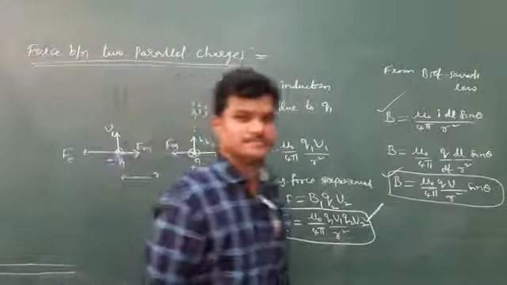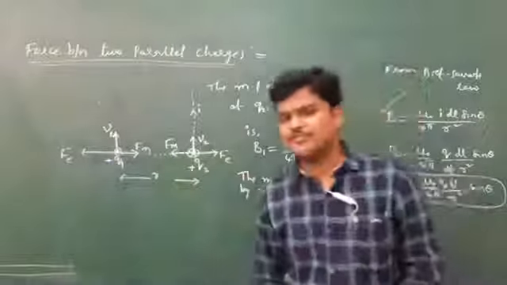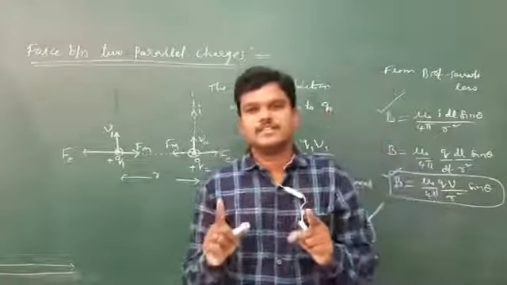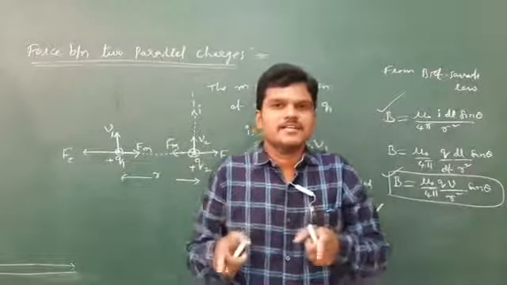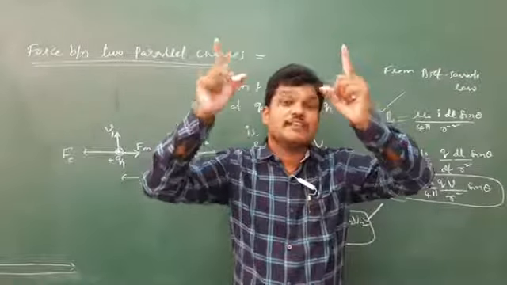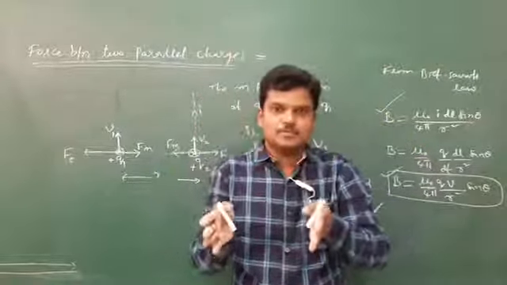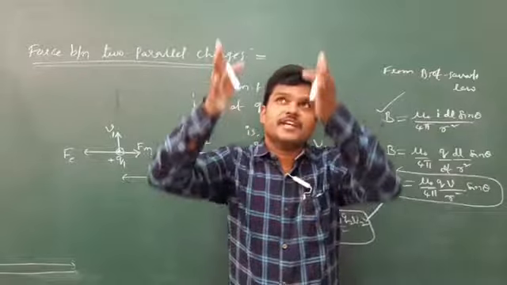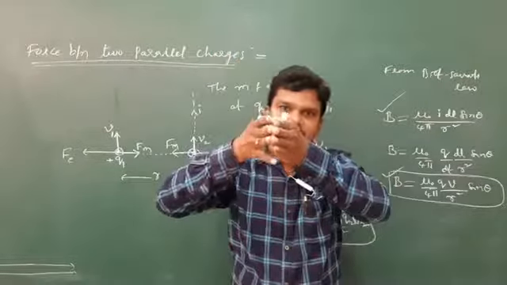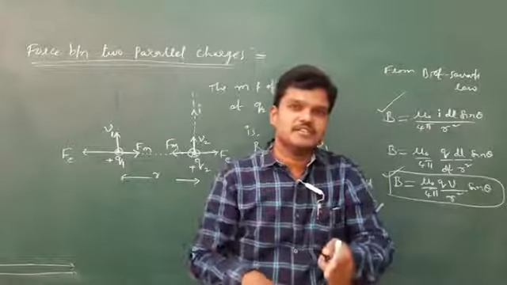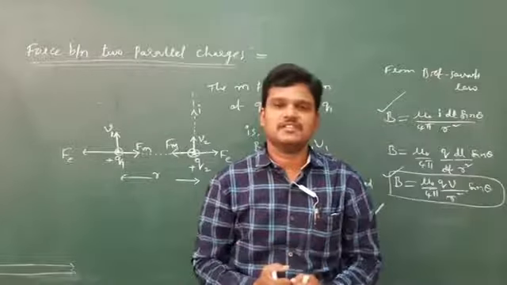And observe here, due to magnetic force, you already know that if two current carrying conductors carry currents in the same direction, they will attract each other. If two parallel current carrying wires carry currents in the same direction, they will attract each other. Recall the previous topic: if they carry currents in opposite directions, they will repel each other.